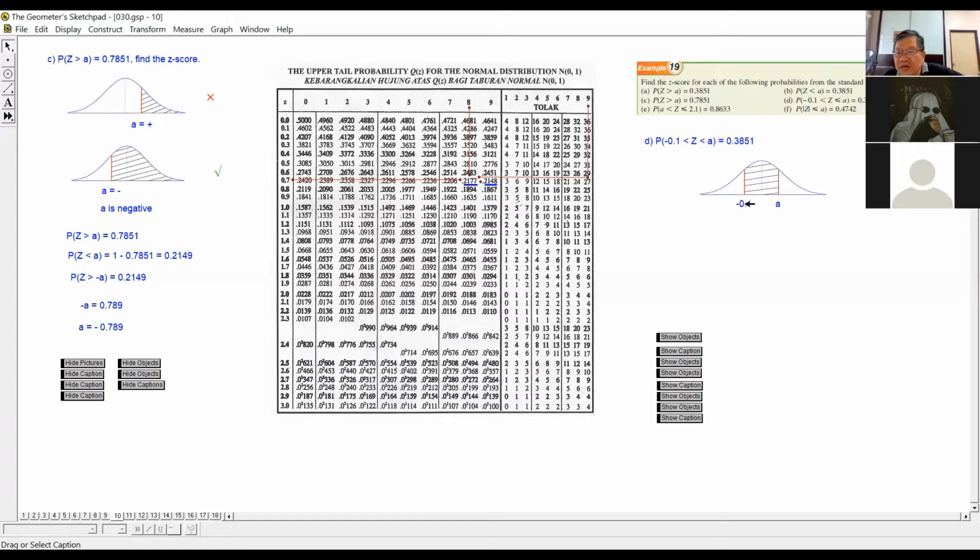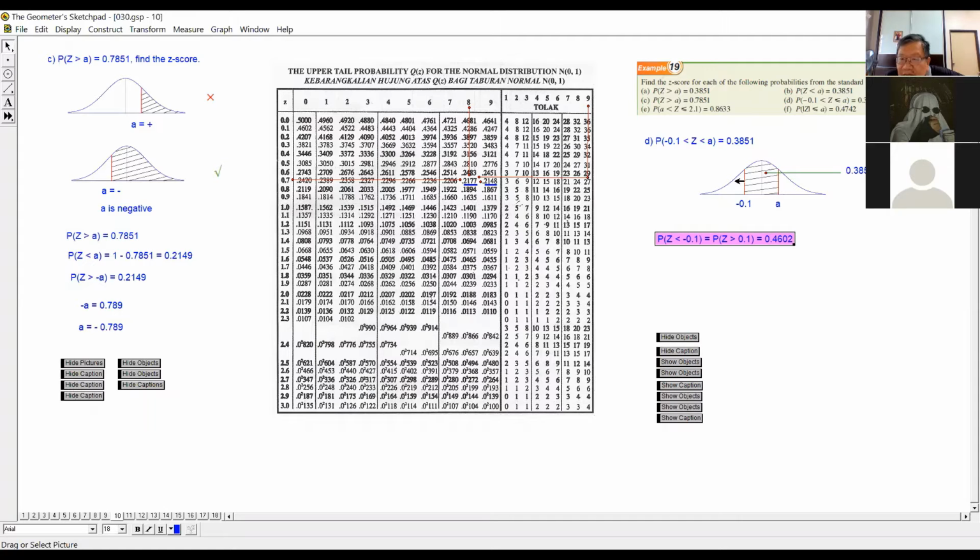Since you know 0.1, can you find the probability of this one, right? This probability is 0.3851. The area less than negative 0.1 is 0.4602.